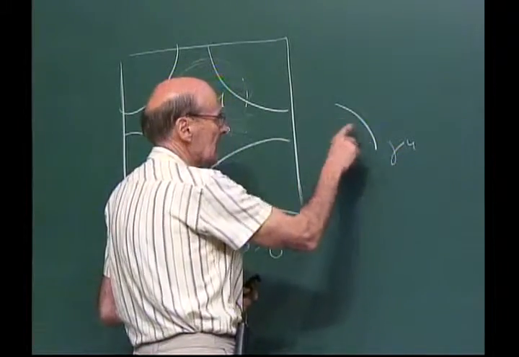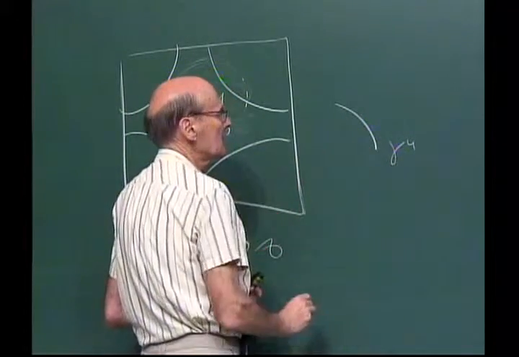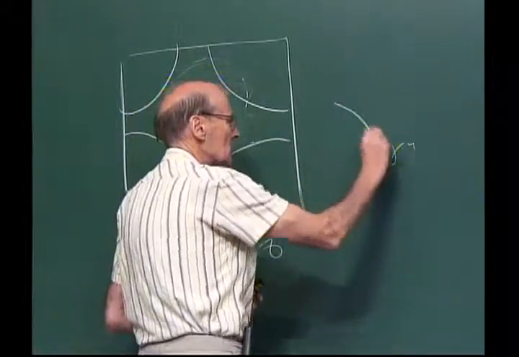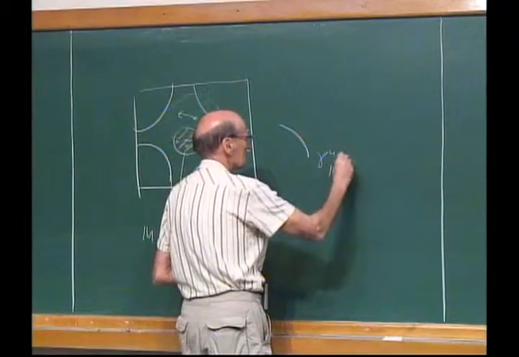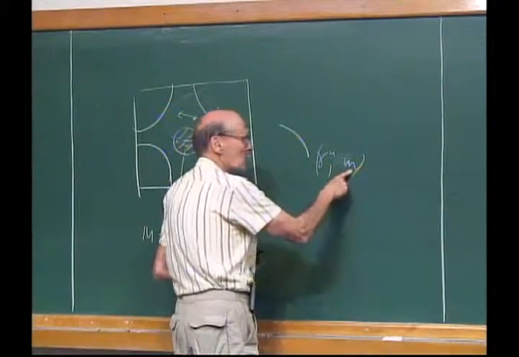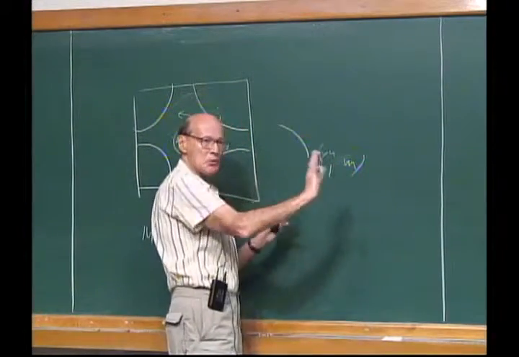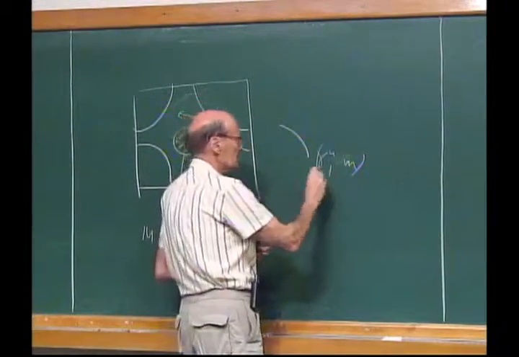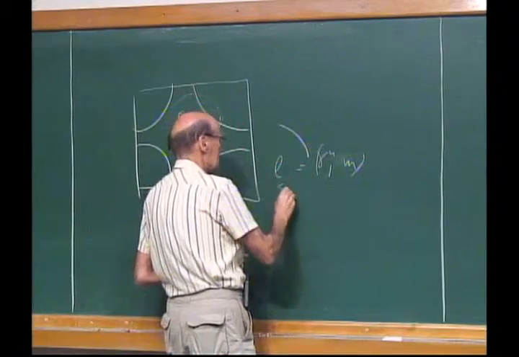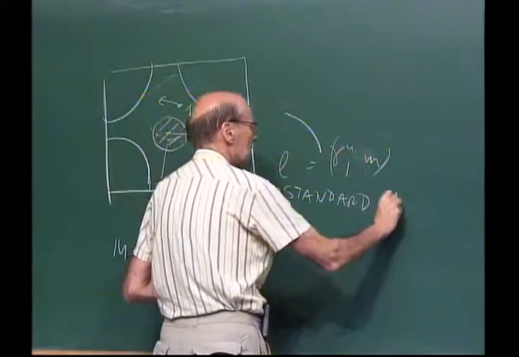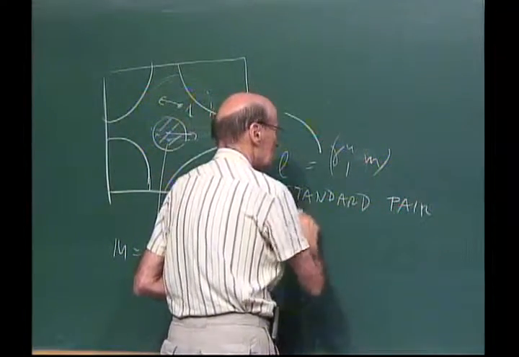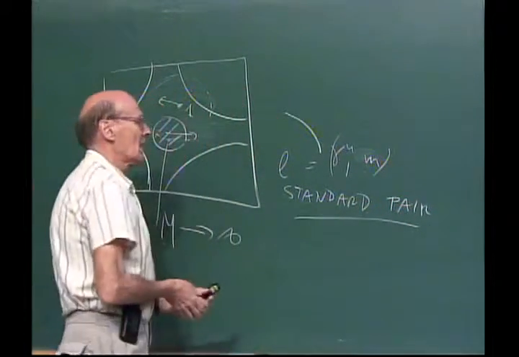And there you take an unstable curve in the phase space, and on the unstable curve you take a probability density. Everything is nice. So this is L, it's a standard pair.